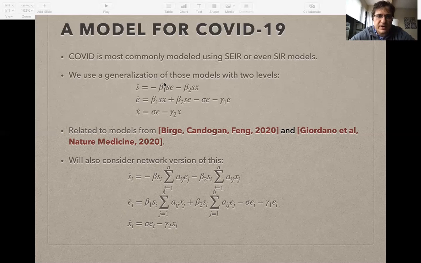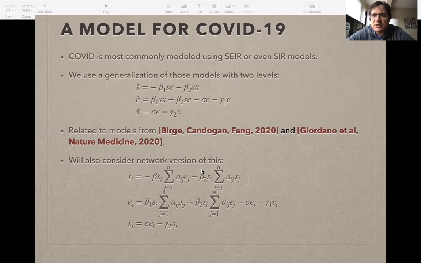So every product of SE gets replaced by a product of Si, Ej times Aij. And again, Aij are these coefficients that measure interaction between locations I and J. And everything else remains the same.